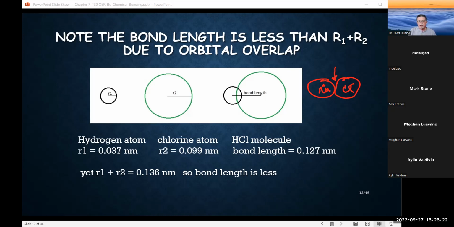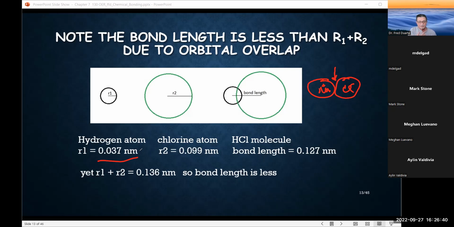If we take a hydrogen atom, it has a calculated radius of 0.037 nm, nanometers, 10 to the negative 9 meters, very, very small. We're down at the atomic scale. You may have heard about nanobots.